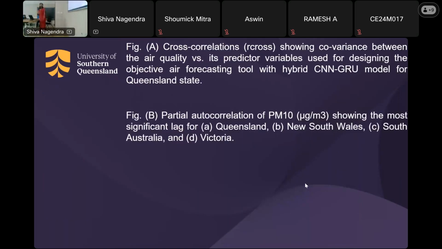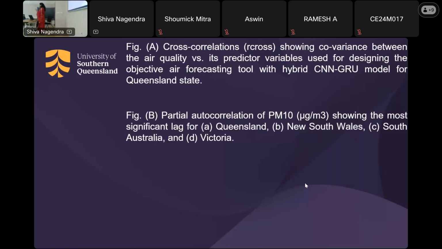The reason being, how do I know whether temperature is important for a given hotspot or not? So these are the steps we do. We do cross-correlation of my predictor variables with the target variable.